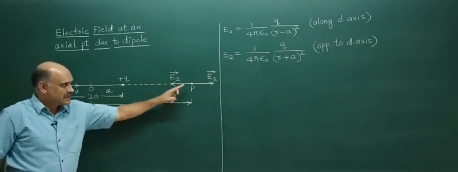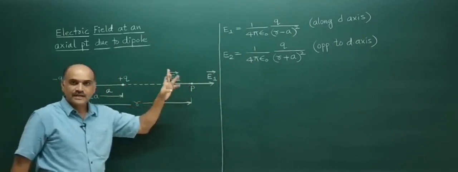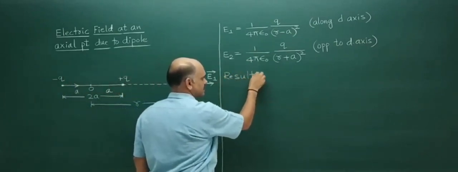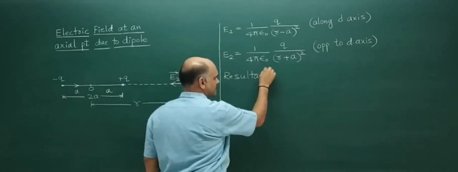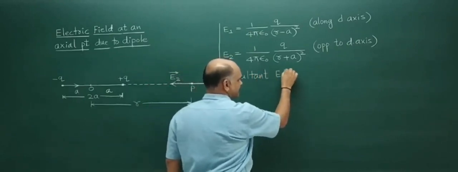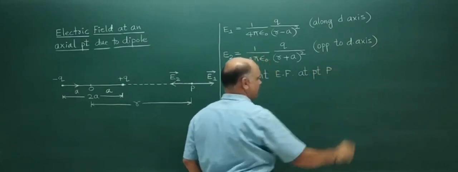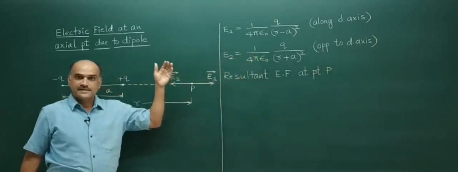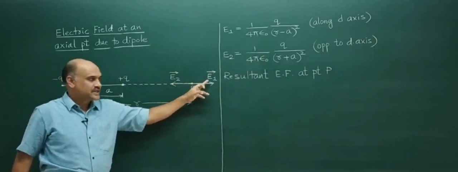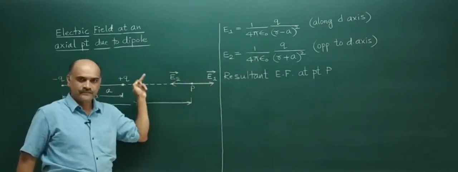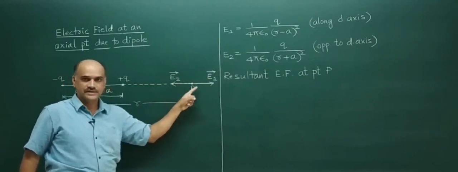Now, resultant electric field at point P. In previous sessions we have seen these two electric fields are acting in the same line but in opposite direction.